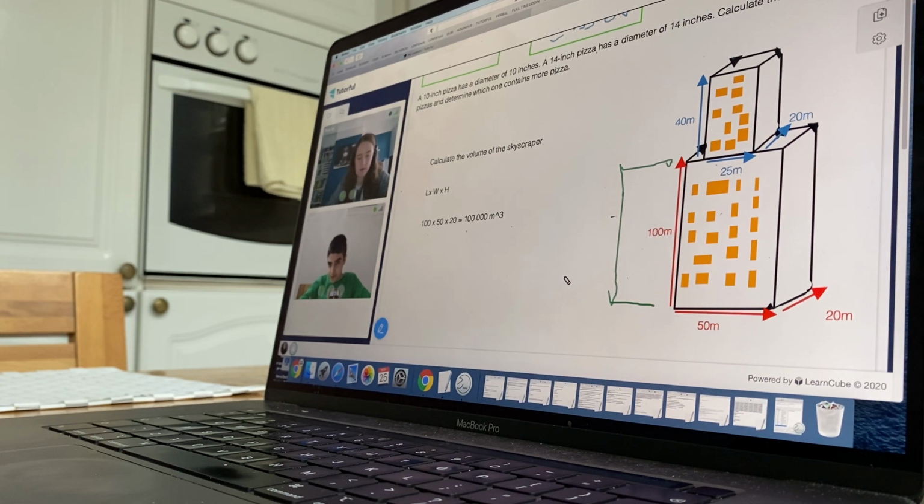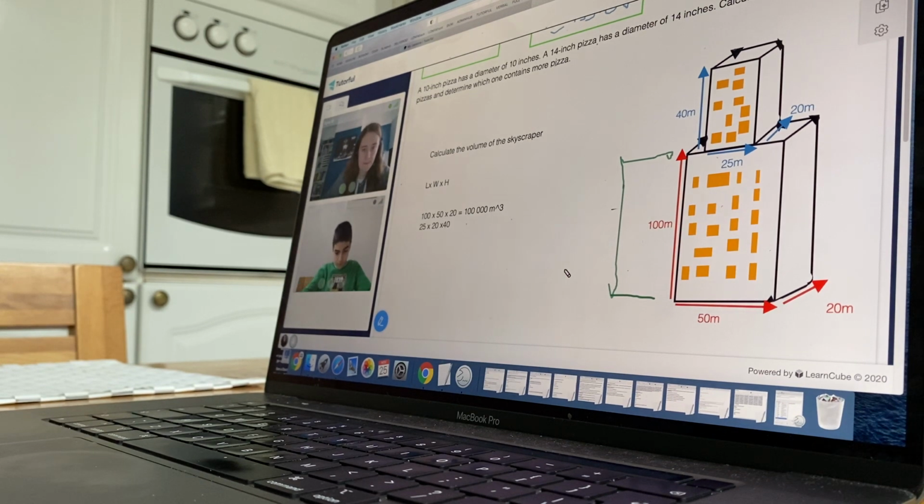20 and 25 and 20 and 40. So we're going to multiply them together. Yeah. 800 is 40 times 20.